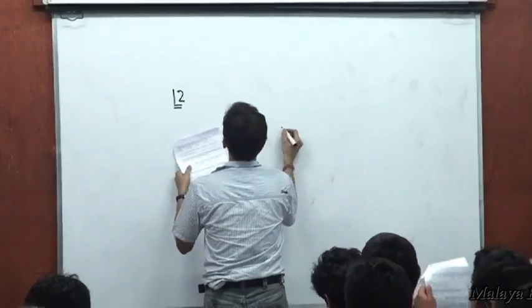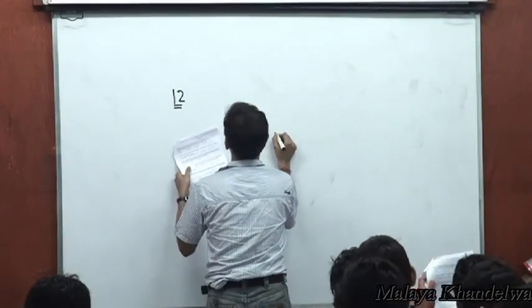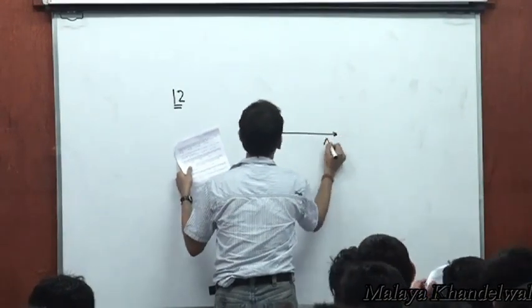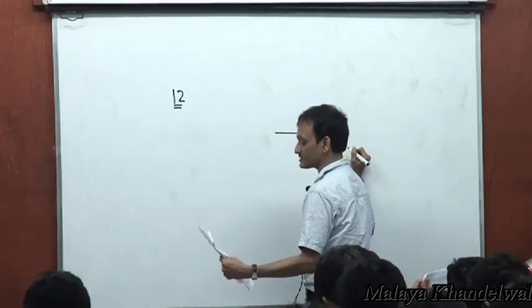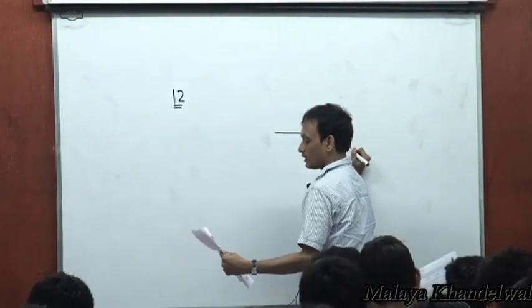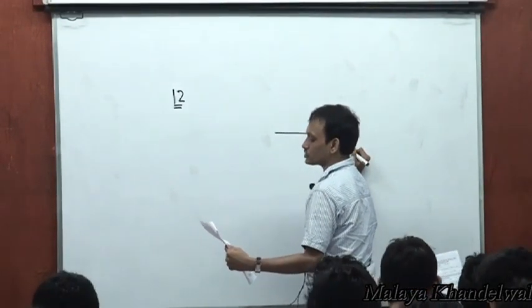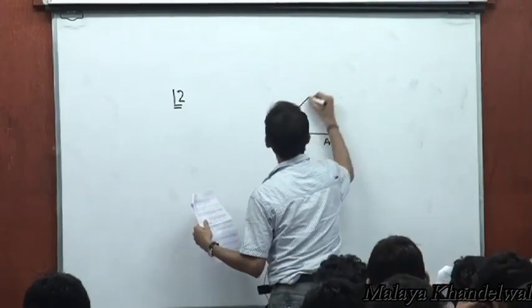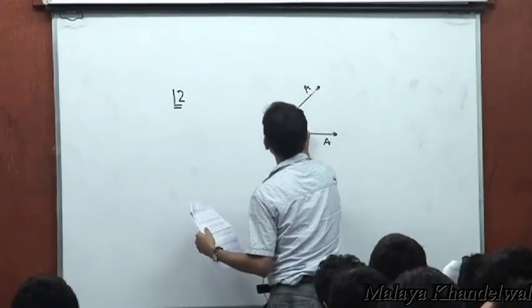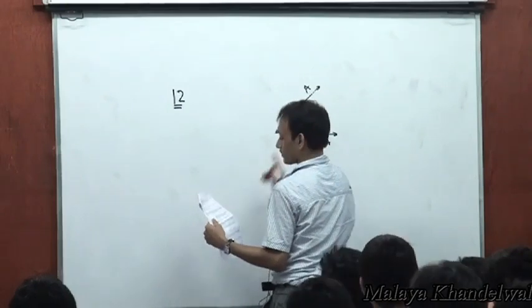A particle is subject simultaneously to 3 SHMs of equal amplitudes A, which is, let's say, the zero phase. The phase of the second motion is ahead of the first by 60 degrees.